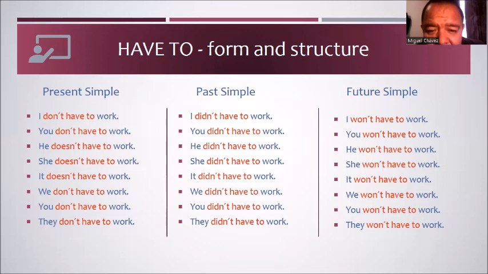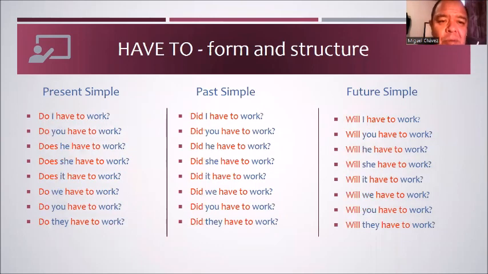The same as in the affirmative, we use didn't for any subject. Remember too that won't is going to be the negative form for will. I won't have to work is an example of this future simple form. You won't have to work.